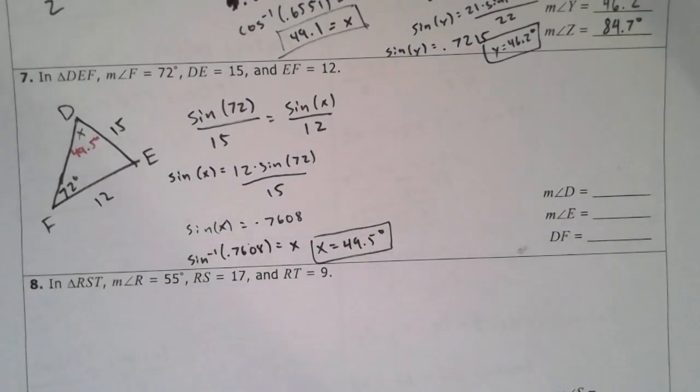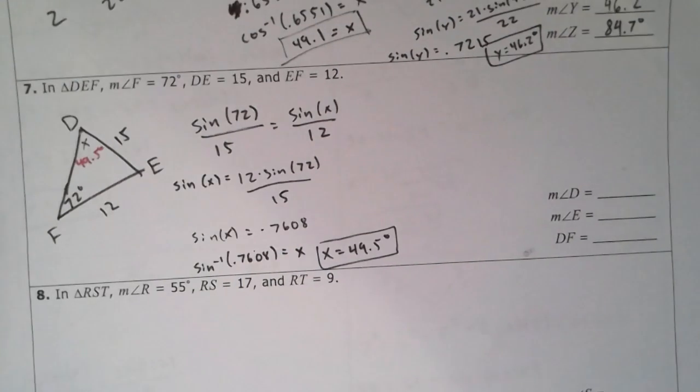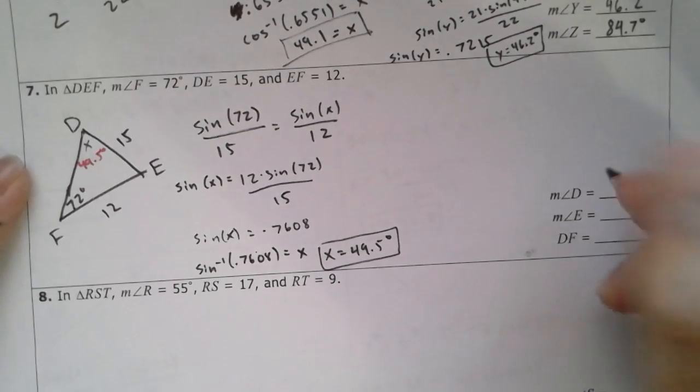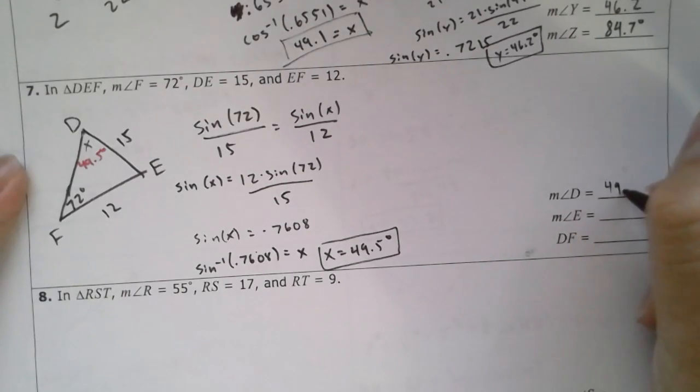For the last one, you could just subtract from 180 degrees and find the last angle. But it looks like that's not what they're asking for, even though, solving all triangles, it is to find everything, so we could just do it for fun. But anyway, angle D here, we found it to be 49.5.